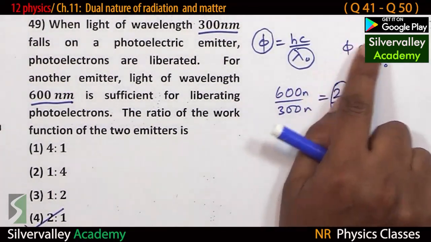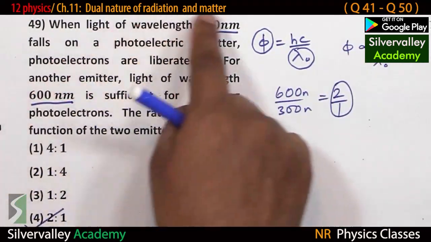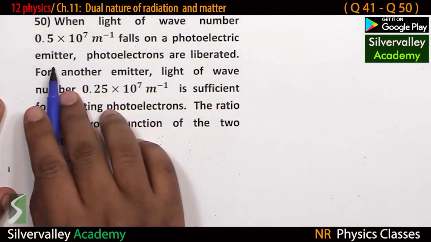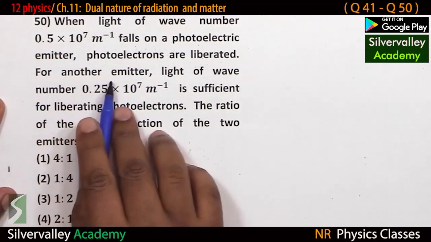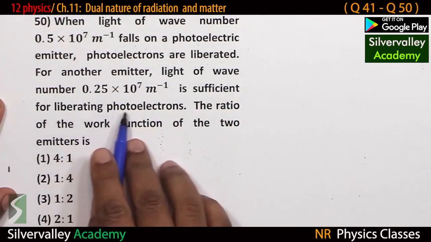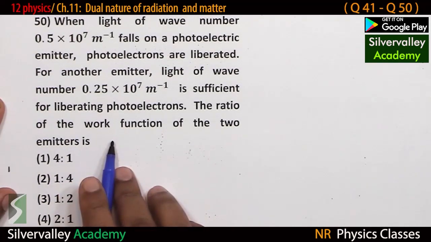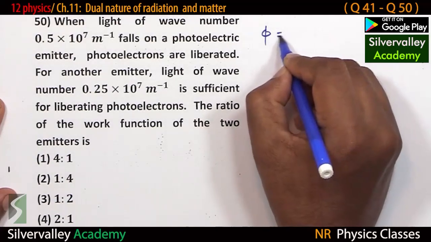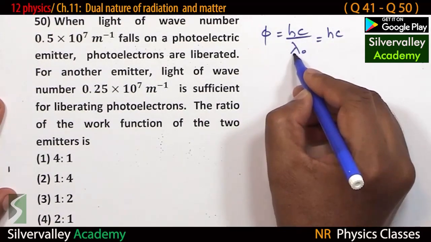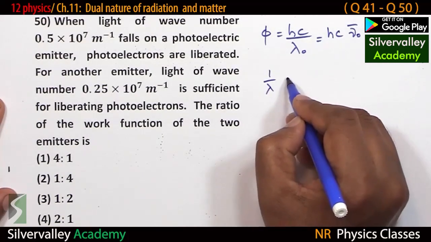If the quantities are directly proportional, divide this by this. Inversely proportional, this by this. When light of a given wave number falls on a photoemitter, photoelectrons are liberated. For another emitter, light of another wave number per meter is sufficient for liberating photoelectrons. Ratio of work function of the two emitters? Work function is hc by lambda naught, hc times 1 by lambda naught, and 1 by lambda is the wave number.